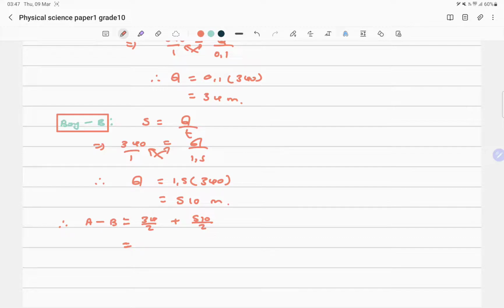Yes. So 34 divided by 2 plus 510 divided by 2. So this is 272 meters. Okay, so that is the story there.